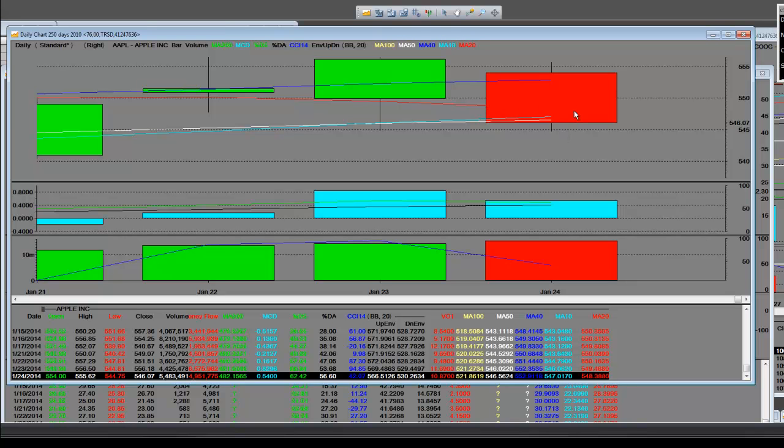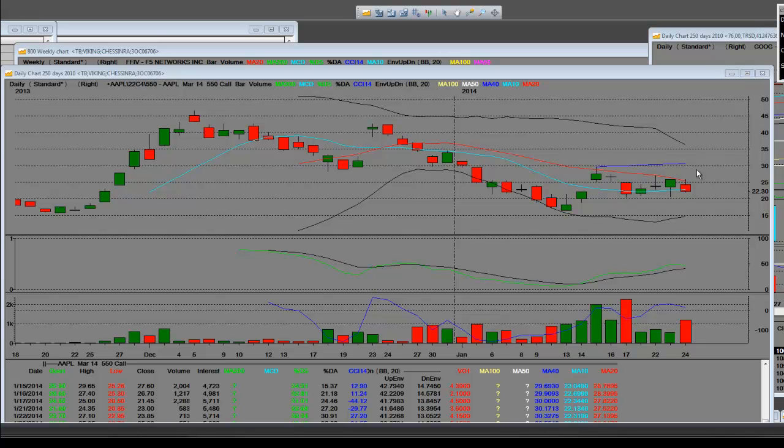But let us not forget that the 10-day is 547. And let us not forget the more significant moving average in here is the 50-day. And that 50-day simple moving average hasn't been going down in value. It's been rising in value, which is more bullish than bearish. And it's 546.65.